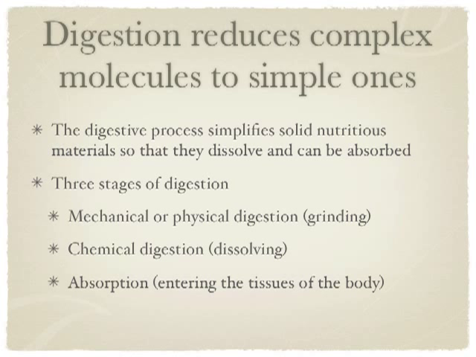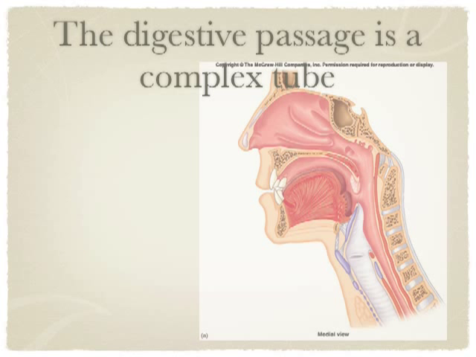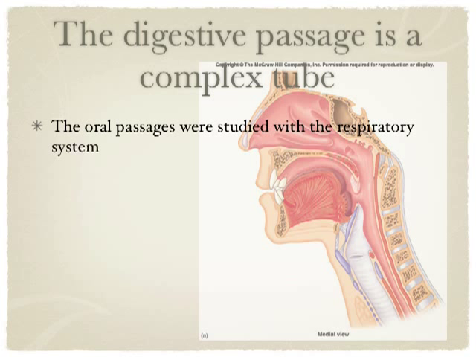So, what we're dealing with is a tube, and probably the best way to do this is let's start at one end of the tube and just make our way through, slowly describing the various structures that are here. So, we've studied the passageways in the head when we studied the respiratory system, the nasal passages.